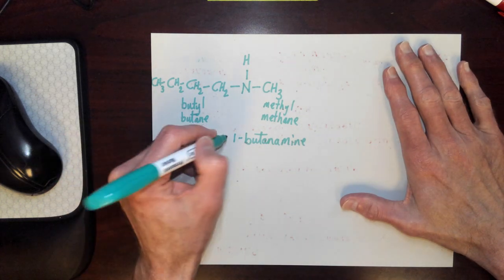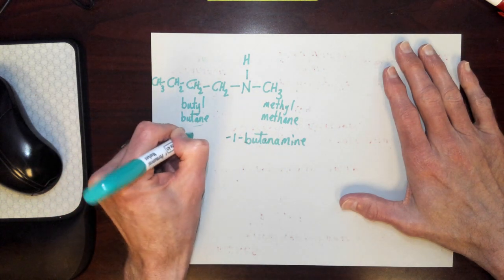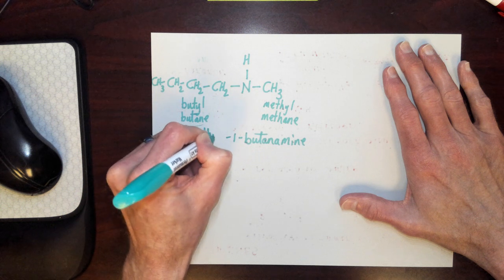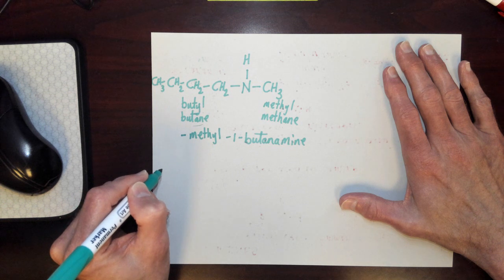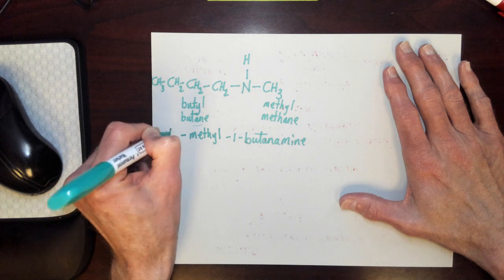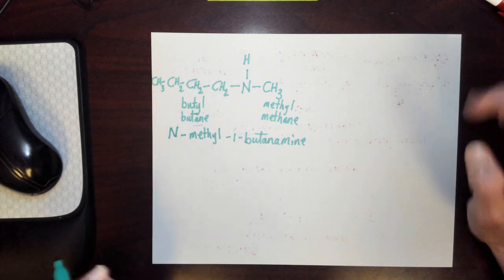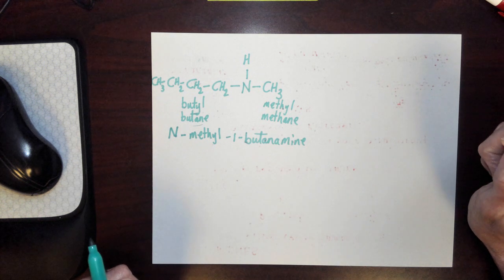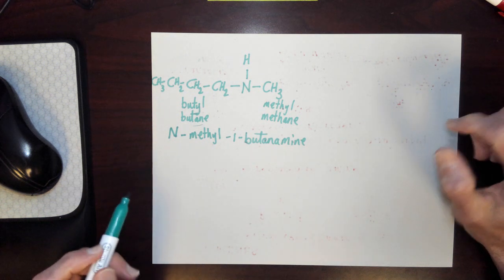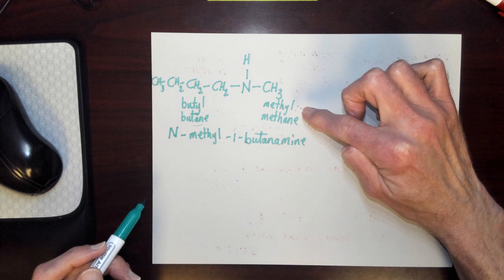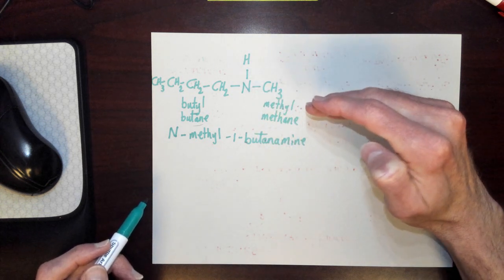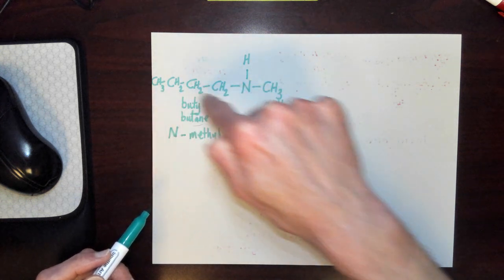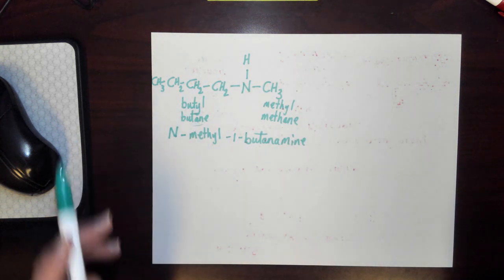So the methyl is attached to the nitrogen, and we use this capital N prefix to help us acknowledge that methyl is directly attached to the nitrogen rather than somewhere on that butane chain.